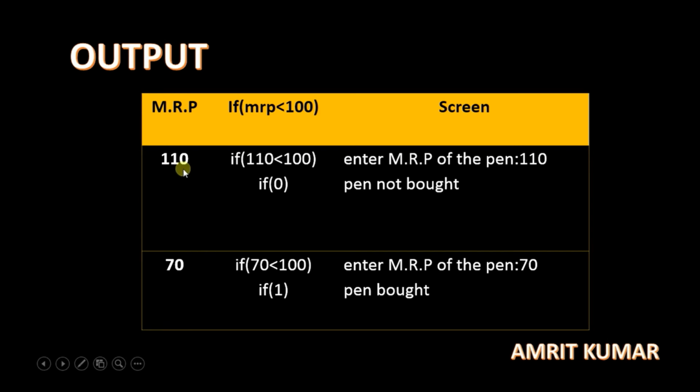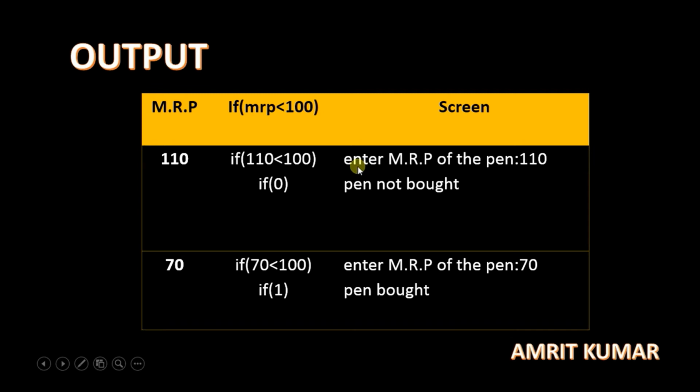So if the MRP that the user enters is 110, then it will come into the if condition, and the if condition will check whether the condition is true or not. Here 110 is greater than 100 and not less than 100, therefore this condition is false, therefore if is not going to execute here.